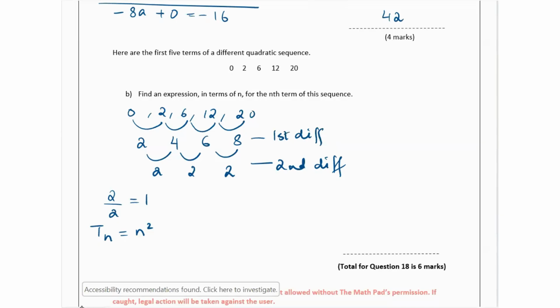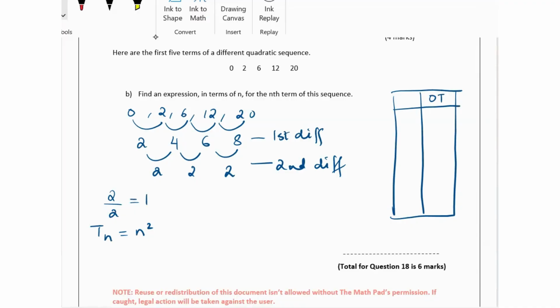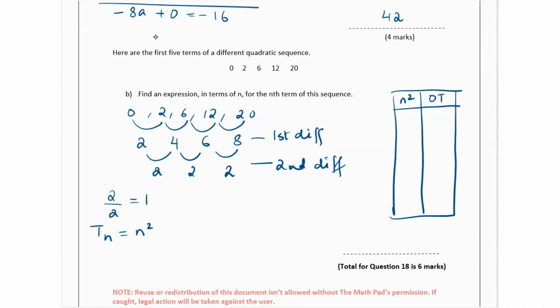So now what we do next is we create a table where we have the terms, the original term, and then the n squared. We assume that this is the nth term, like I said before.